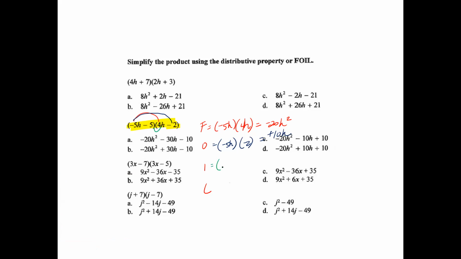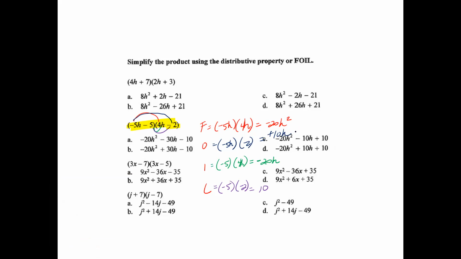Inner is going to be a negative 5 times 4h, which is going to be a negative 20h. And of course, last is going to be a negative 5 times a negative 2, which is a positive 10.